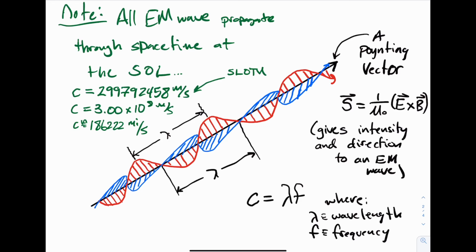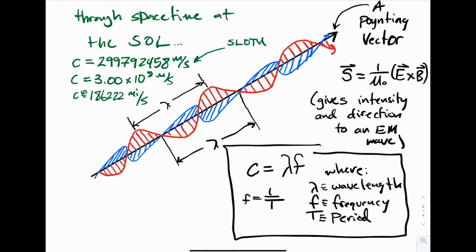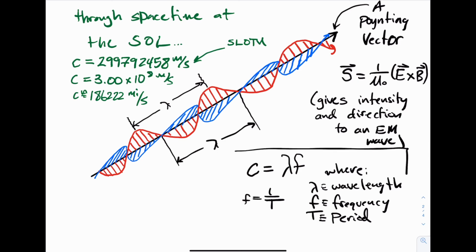Frequency is always related to the period of the wave, of course. It's the inverse, so f is always equal to 1 over T, where capital T is the period of the wave. So the speed of light is a constant speed limit of our universe, and it's always given by these two properties of the electromagnetic wave. This should hold true for anything that we see.